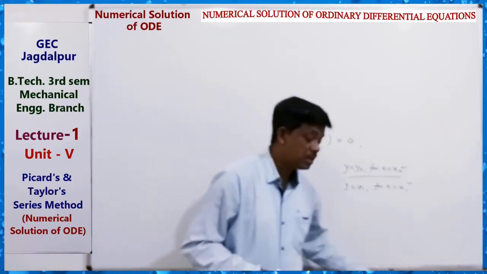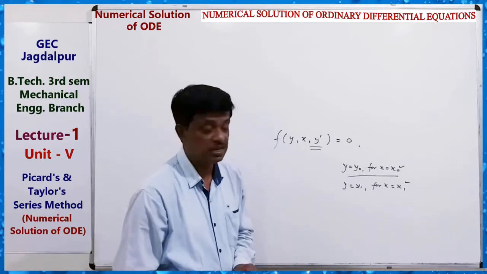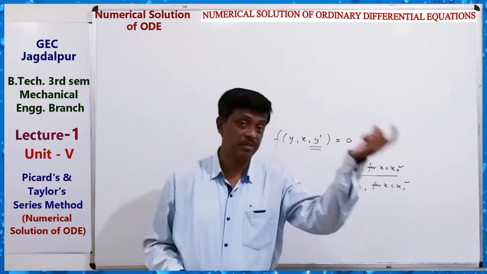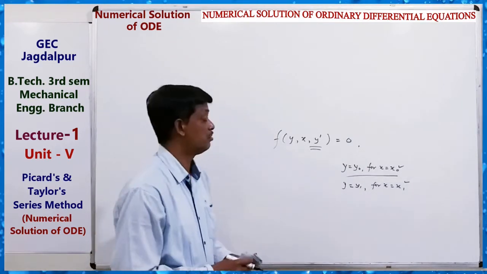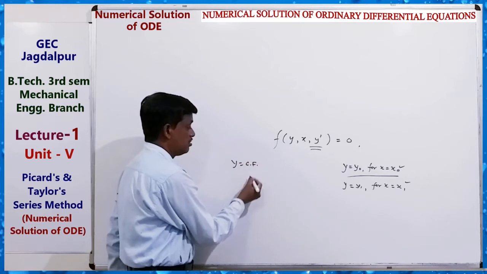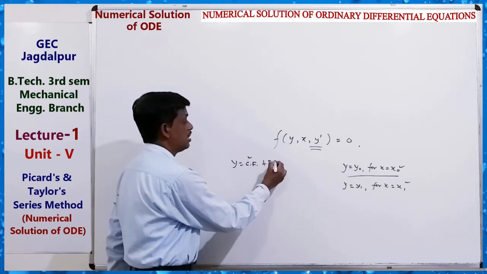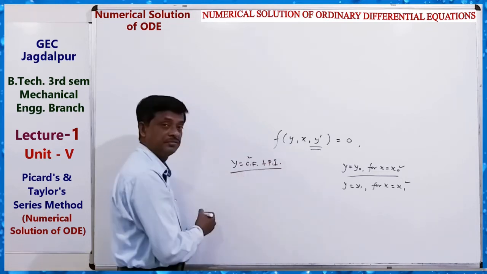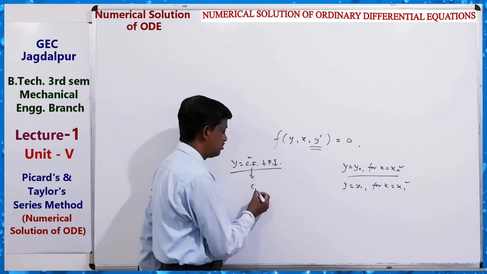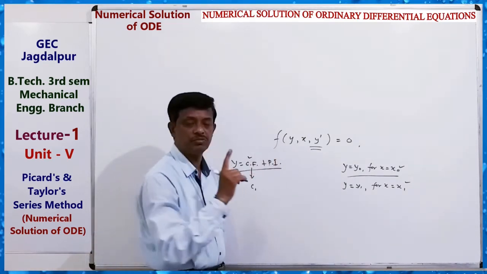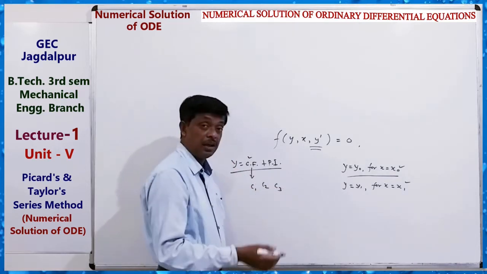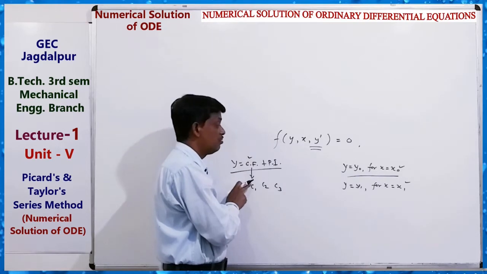Okay, so this type of differential equation we can solve by our analytical method, that is first of all finding y equals to CF plus PI, the solution, and CF contains constants. If first order, then 1 constant, if second order, then 2 constants, third order, then 3 constants.